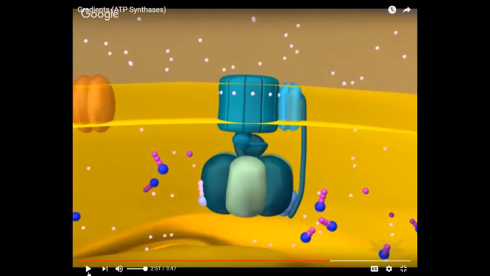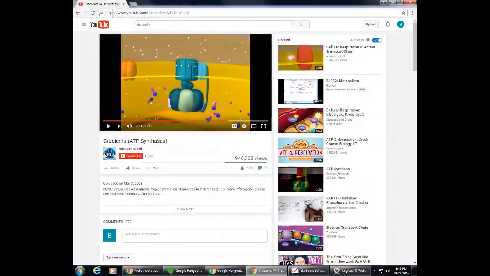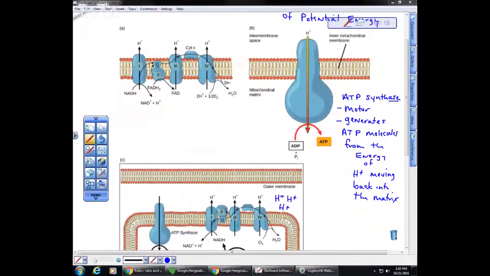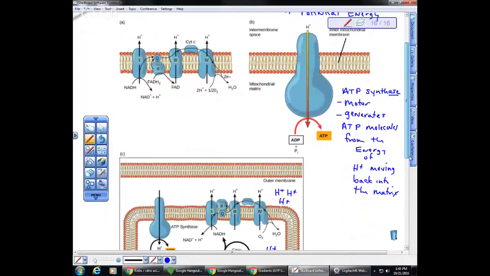Okay, so that is ATP synthase, and it's all due to the movement of the electrons along the electron chain. So the question is what happens to the electrons eventually? The electrons have to be taken up by something. And so if we look at what happens to the electrons after they are finished with the electron chain, you can see that the electrons are actually taken up by oxygen.